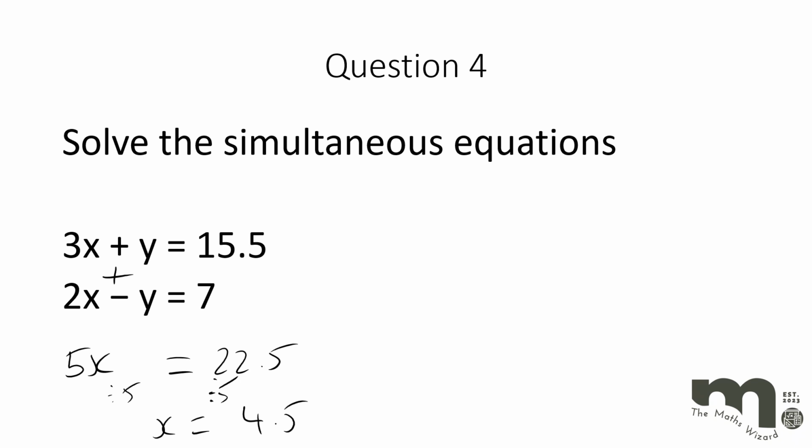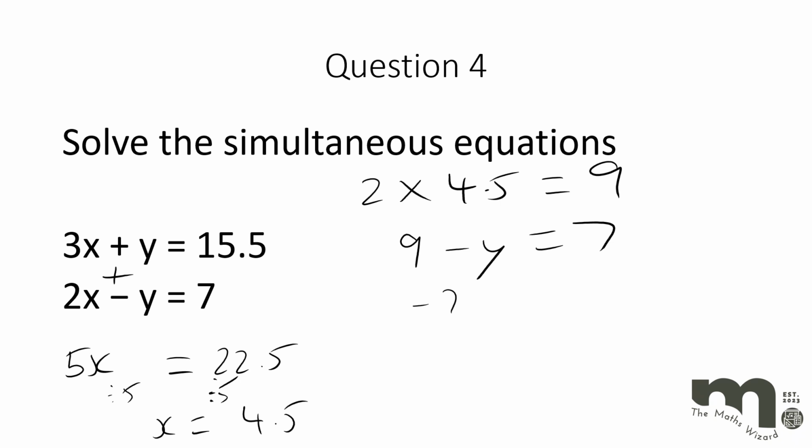We now do a bit of substitution with one of these equations. So 2 times 4.5 is 9. So we can do 9 minus y equals 7. And you can see there, if you take 7 away from 9, that will give you 2.